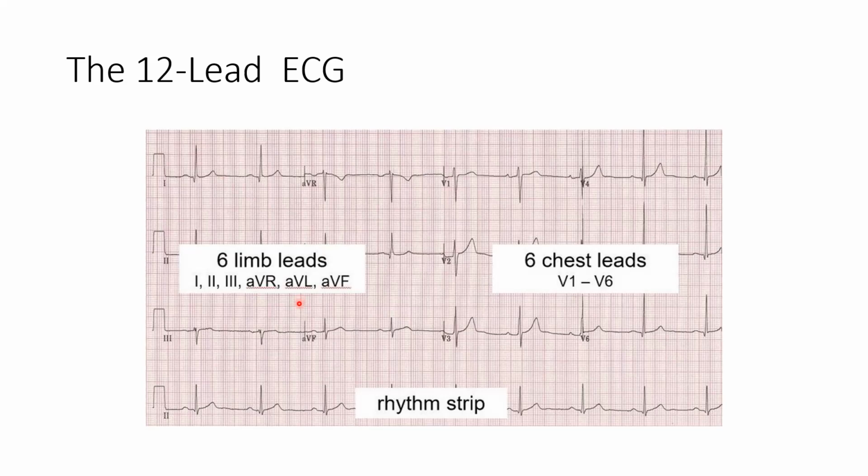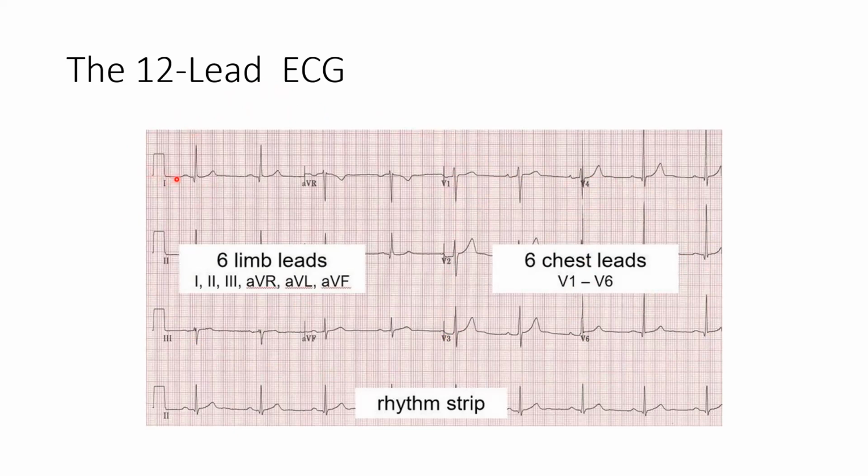Now there are 6 chest leads. These are the chest leads, also referred to as V leads, and they are V1, V2, V3, V4, V5, and V6. Hence, when you look at a 12-lead electrocardiogram, right over here are the 12 views of the heart.